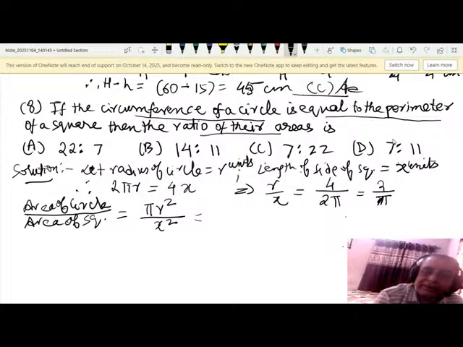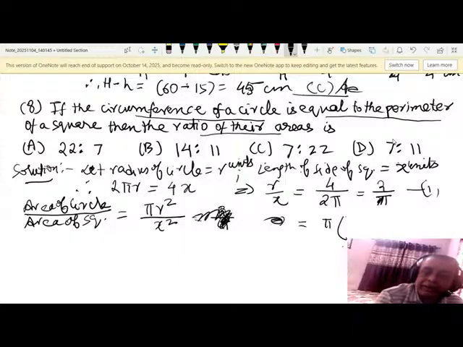So it is pi r squared by x squared. Now the r by x value is 2 by pi. So this is coming to pi.